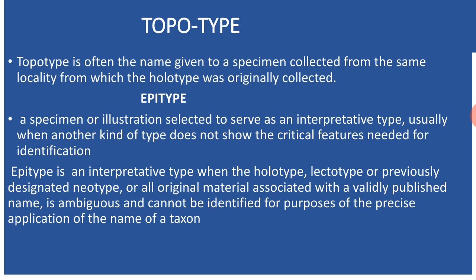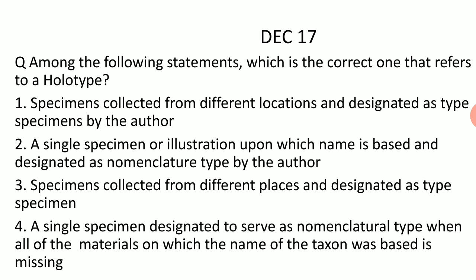So this is the 2 marks question of December 17. Among the following statements, which is correct? One, that refers to a holotype: specimens collected from different collections and designated as the type specimen by the author.